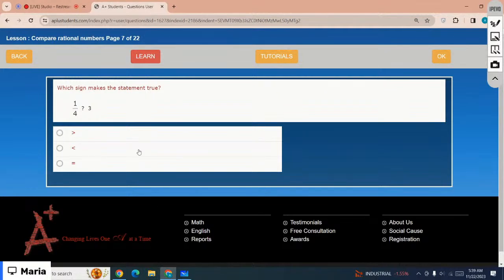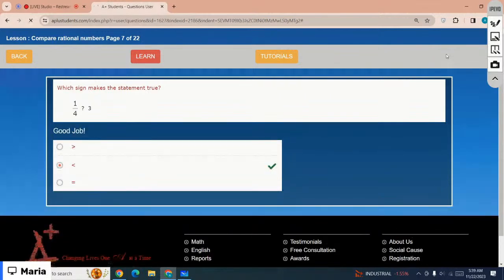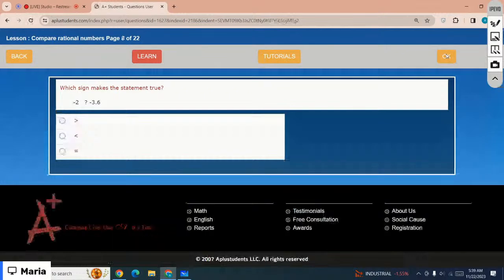The correct option is 1 by 4 is less than 3. Yes, negative 2 is greater than negative 3.6.